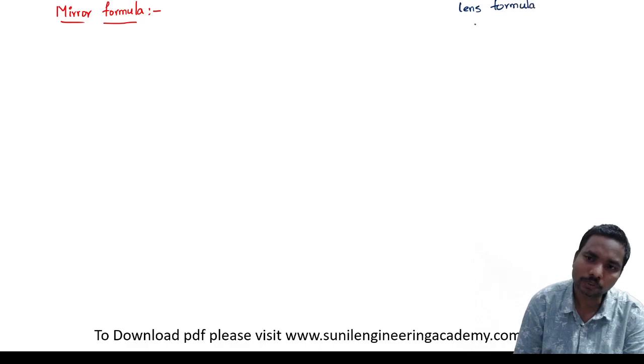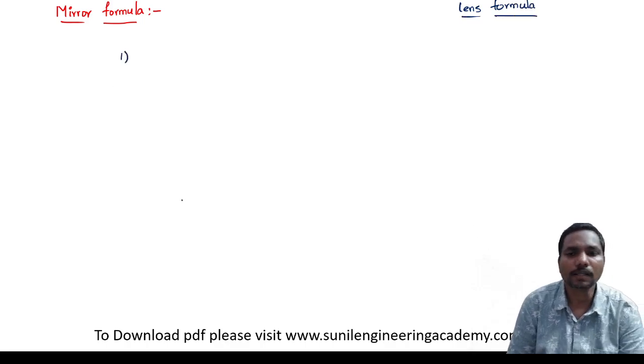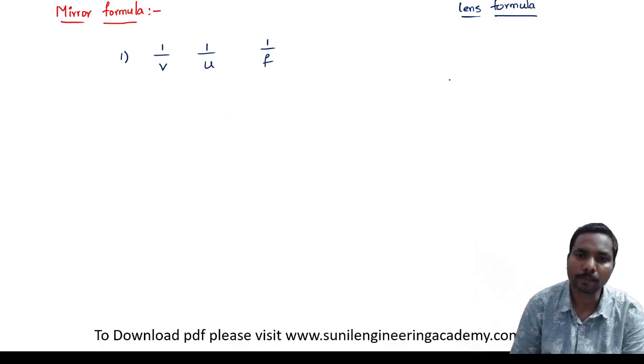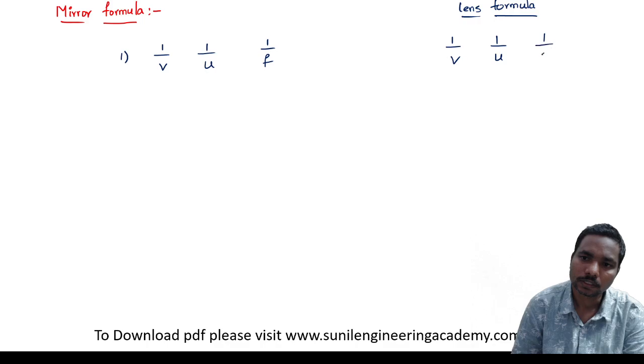Whether it is the mirror formula or the lens formula, I want to give three important points. The first point: here all the quantities are reciprocals. 1 by V, 1 by U, 1 by F. So V, U and F must be in reciprocals.